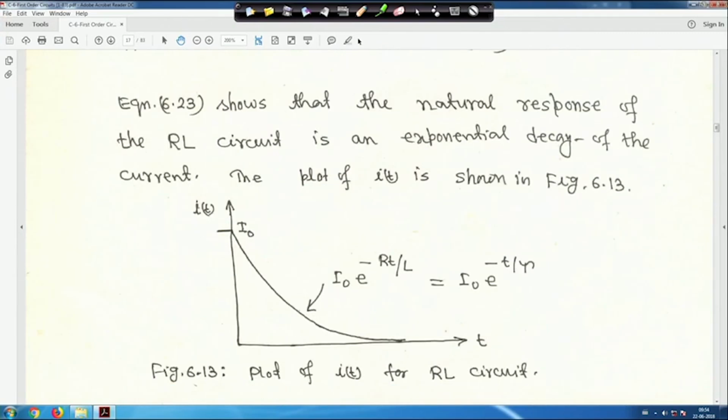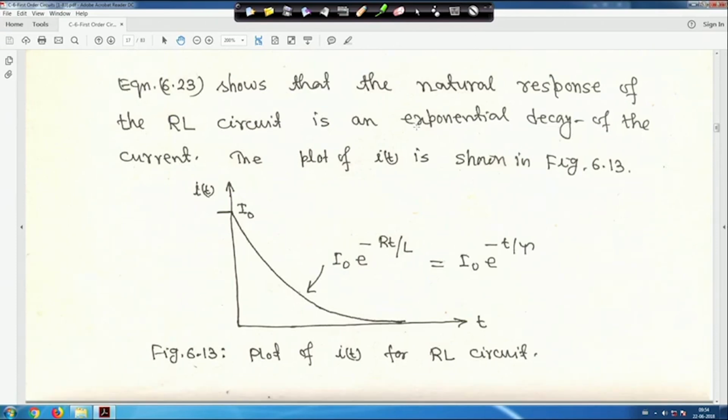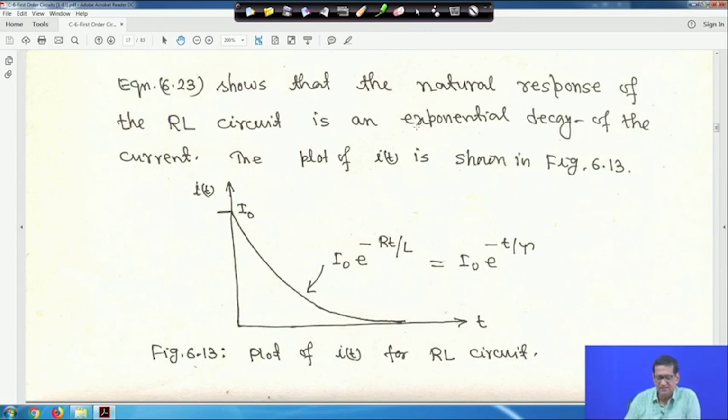Now, equation 23 shows that the natural response of the RL circuit is an exponential decay of the current. This is the plot of i(t). When t is equal to 0, i(t) is equal to the initial value I0, and it decays as I0 e to the power minus t by tau, where tau is equal to L by R. That is the time constant of the circuit.